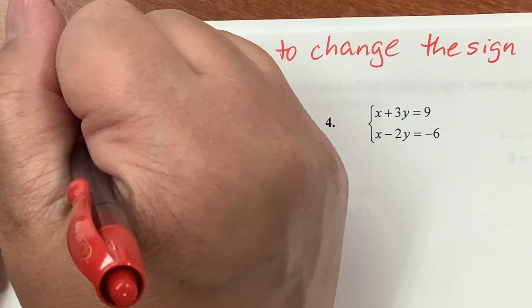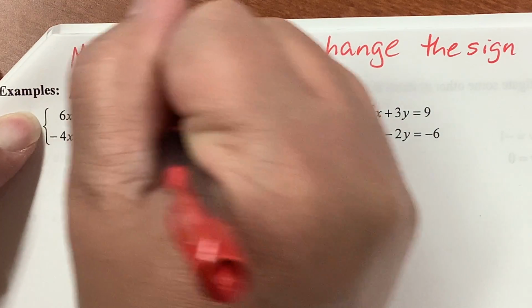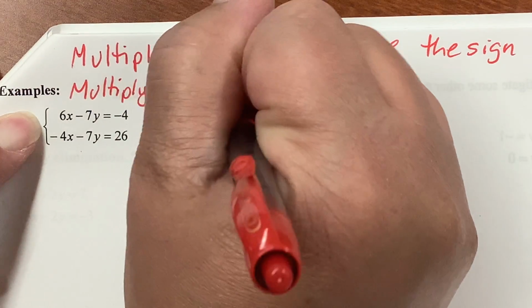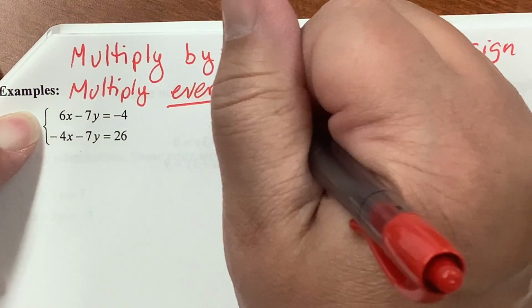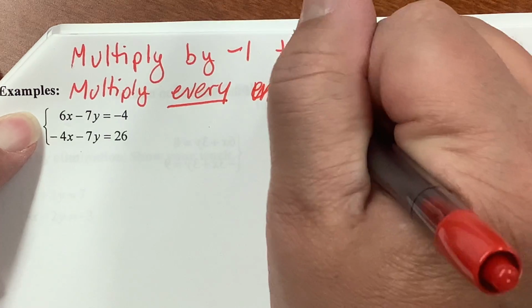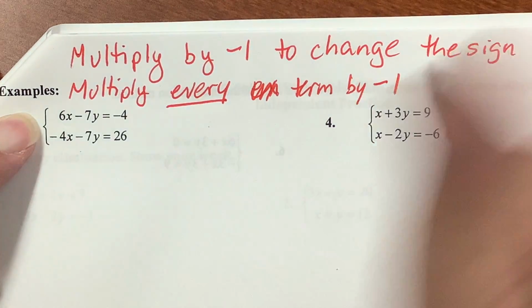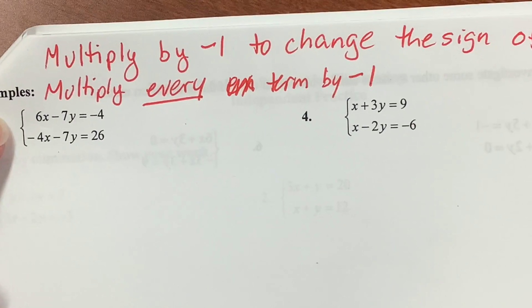But you multiply every term, not expression, every term by -1. What do I mean by that? Why am I writing that?